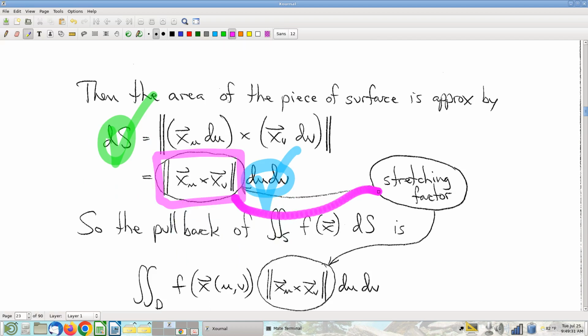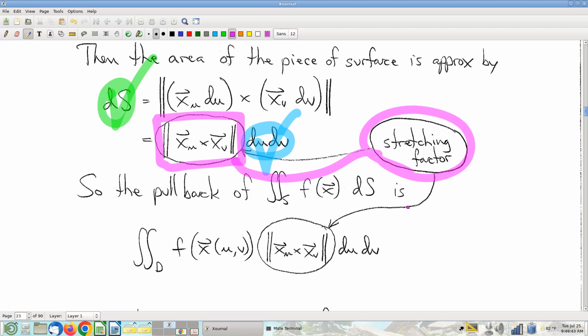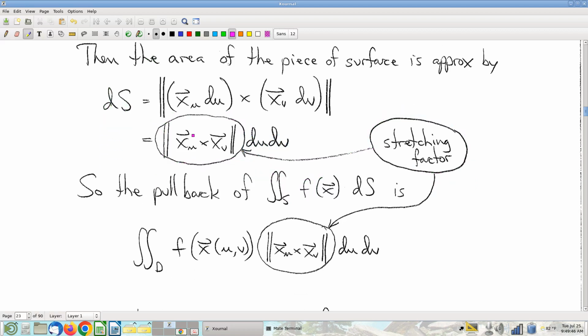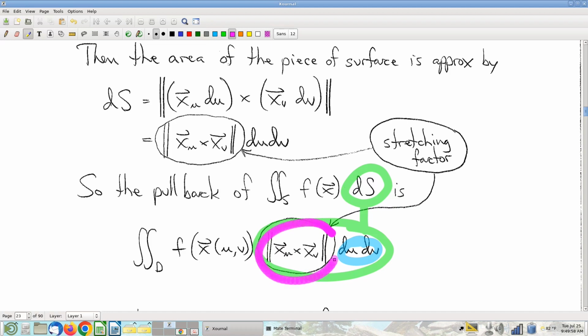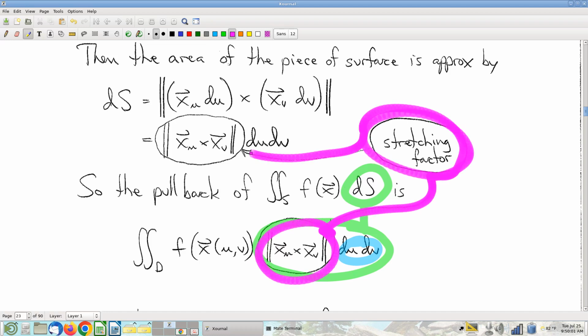Here then is our stretching factor. That's the thing that allows us to do the pullback. That's the one little ingredient that isn't just a matter of plugging things in. And that makes our integral turn out as follows. So if you have a ds, I can pull back that ds and write it in terms of du and dv with my stretching factor that I just computed. Everything else is plugging in. Everybody on board?